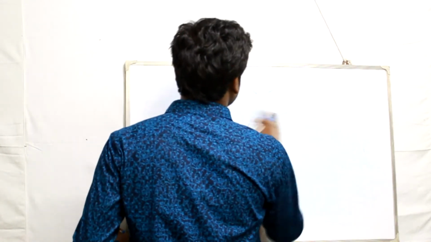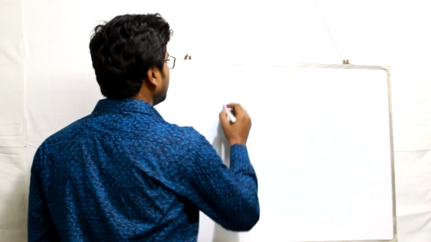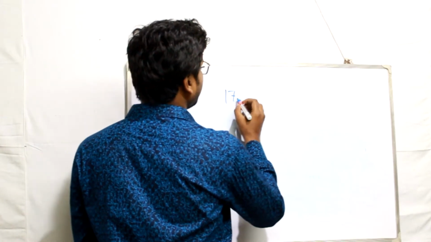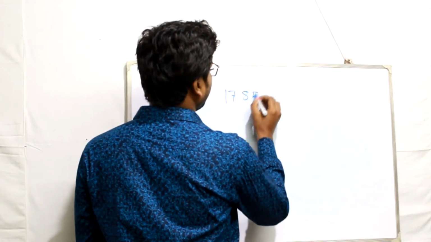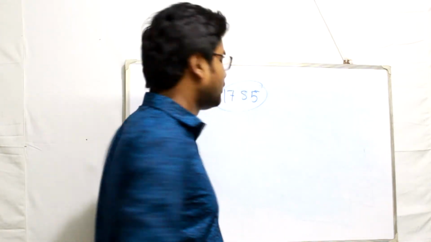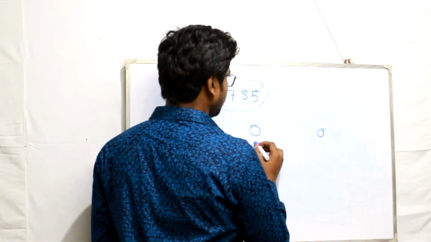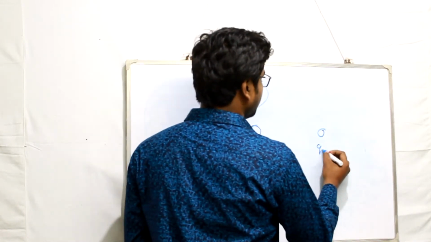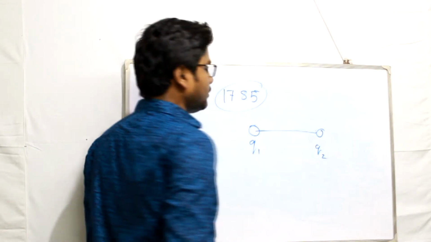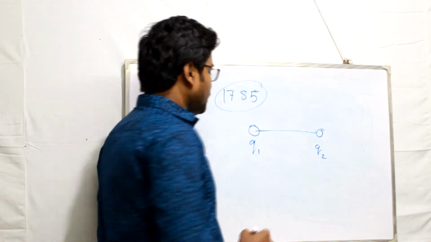So what's the basic fundamental thing? Electrostatics starts with Coulomb's law. In the year 1785, a law was developed which said that if there are two charged particles, Q1 and Q2, then there is a force of interaction between them.